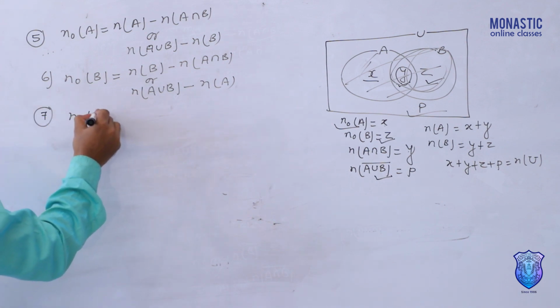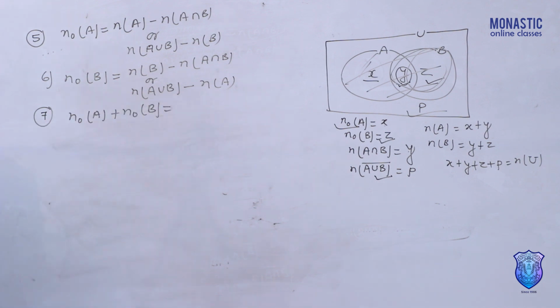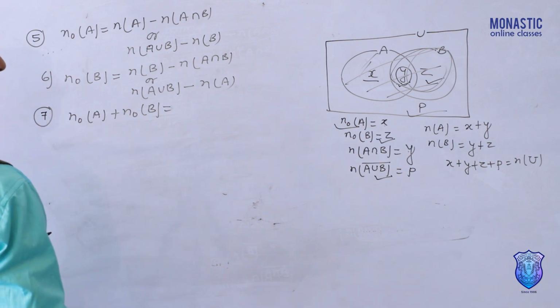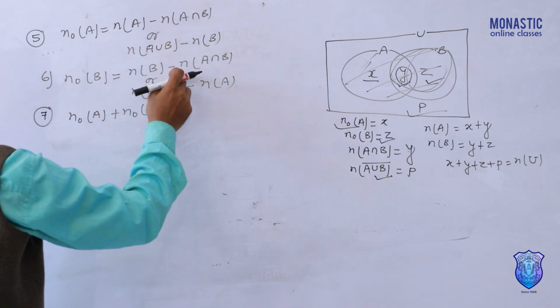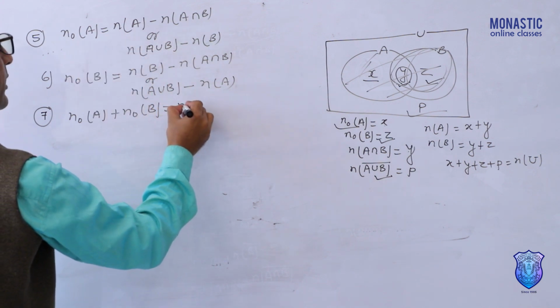Number of only A plus number of only B, that will be the sum of these two. So when you simplify, what are you getting?